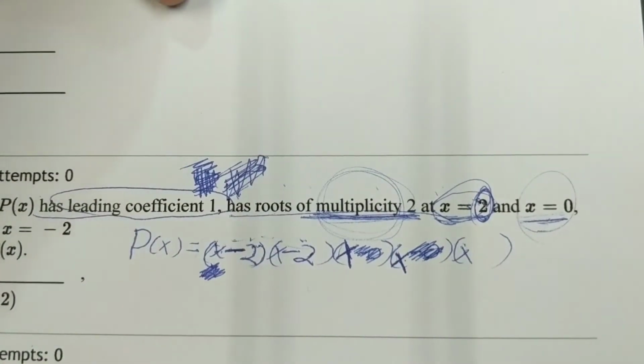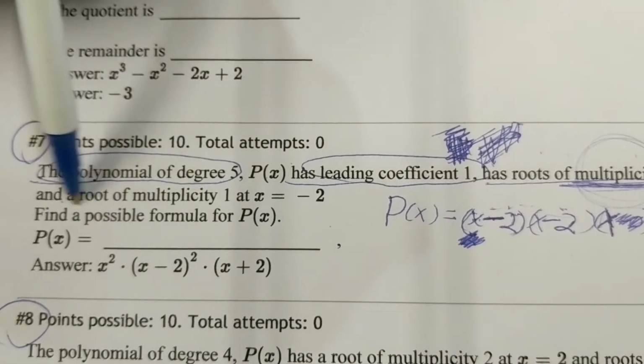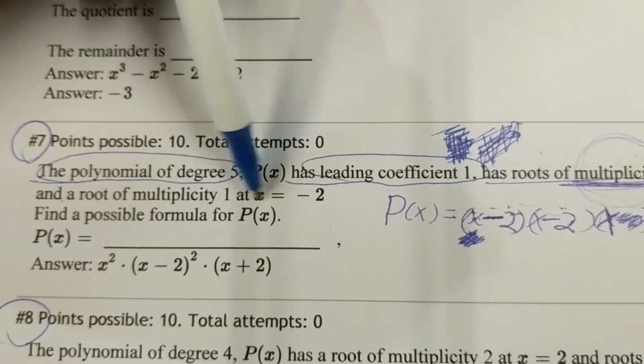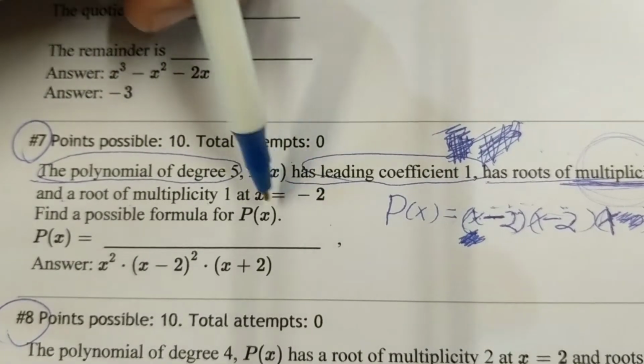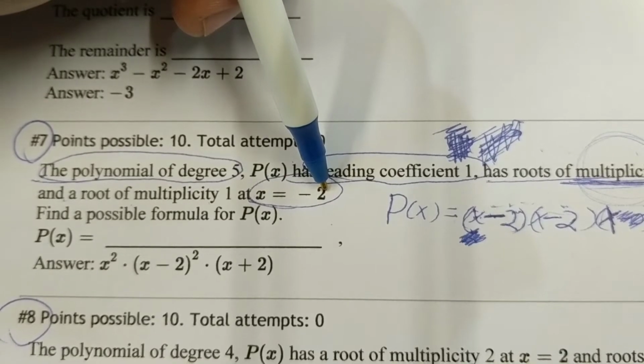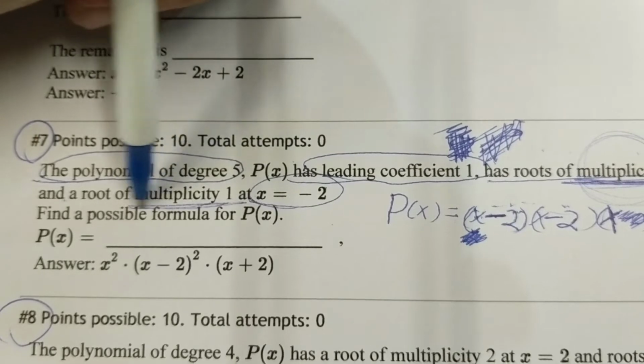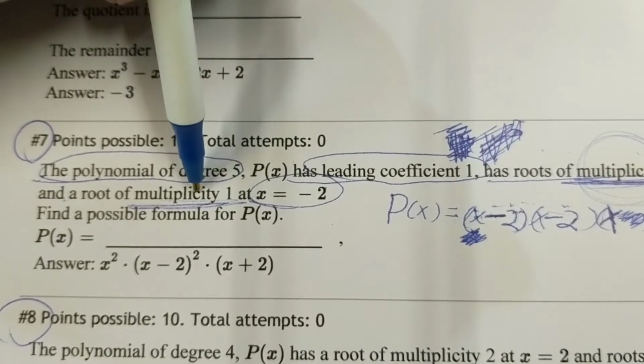And then the only other thing it says is that we have a root of multiplicity 1 at x equals negative 2. So we've got to figure out how to write a factor so that when I plug in a negative 2, it gives me 0. And it's only a multiplicity of 1, so there's only one of it, is what they're saying.